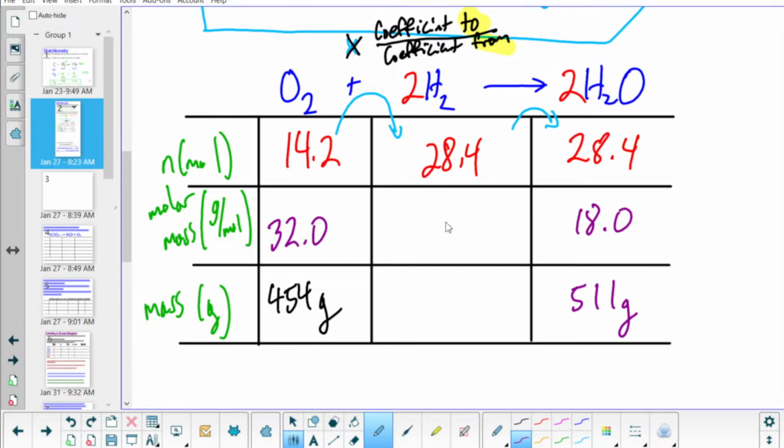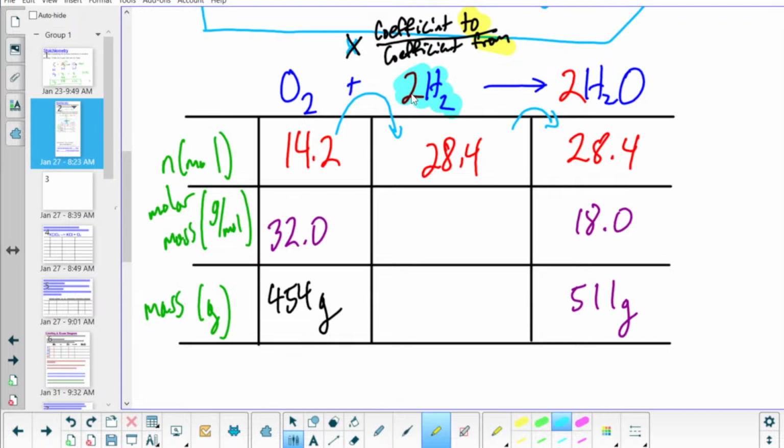What is the molar mass of this? Yeah, 2.